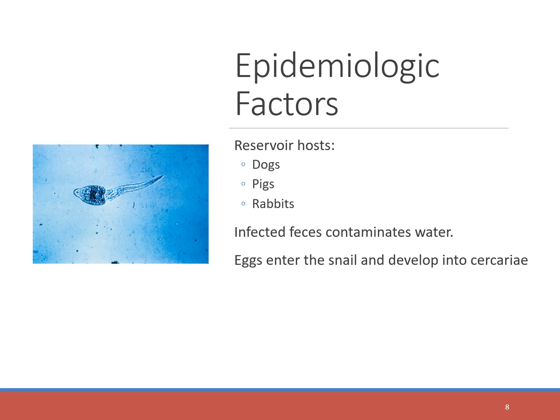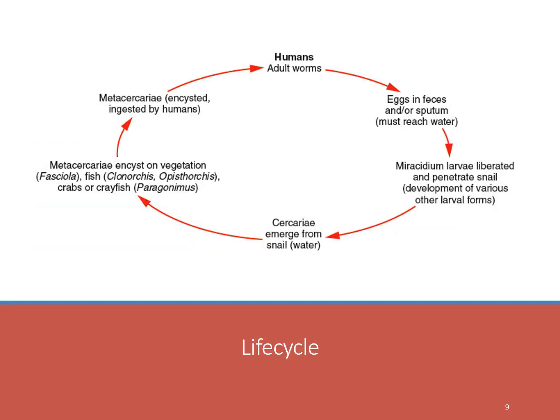The eggs then enter the snail and develop from there. This life cycle reaches the point where it will infect the human through ingestion, and then the feces go back into the contaminated supply, and it just keeps circling back.